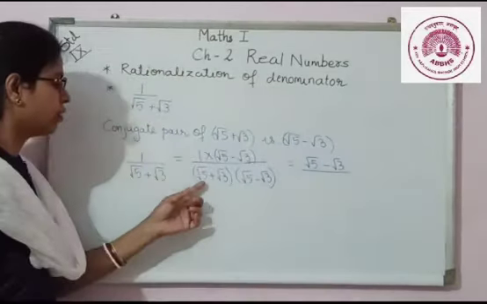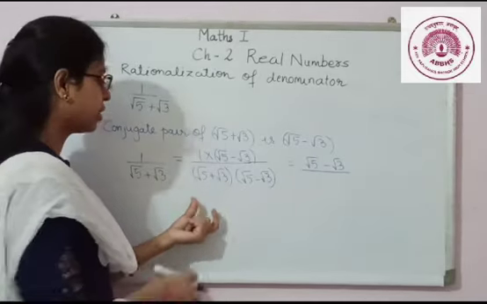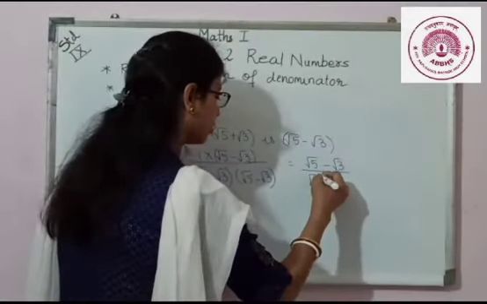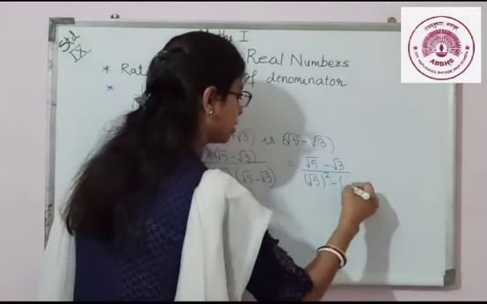When we multiply this conjugate pair, we get the square of the first term minus the square of the second term.